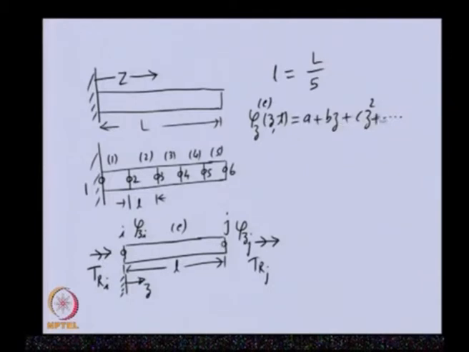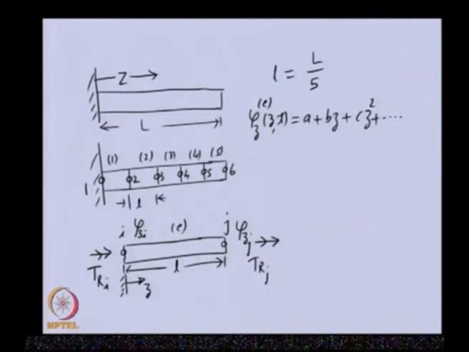We need to truncate this polynomial up to certain degree. You can see that in this interpolation function some unknowns are appearing, and these unknowns we will be finding from the boundary condition of the element, because this solution which we are assuming is for this element. So, we need to find out these constants from the boundary condition of the element.